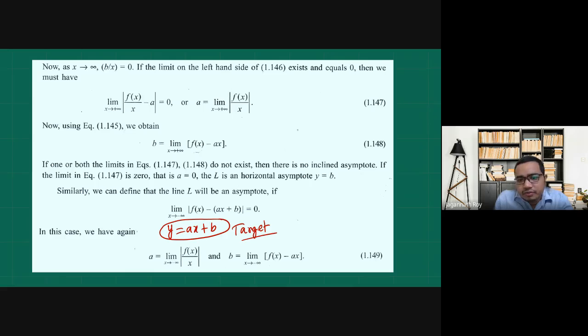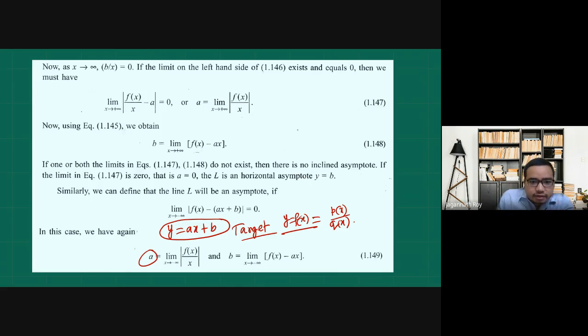So we will define y equals f(x) given. We will write the function in this form, or this is p(x) by q(x), given.